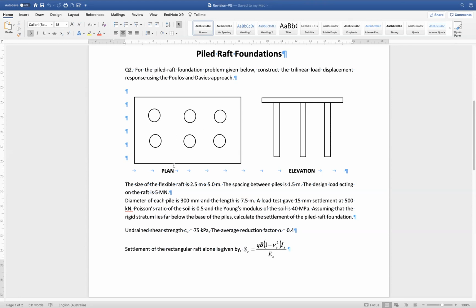And we know from the flexible raft approach that the load acting on these piles is the same. So the load on pile A is the same as the load on pile B.